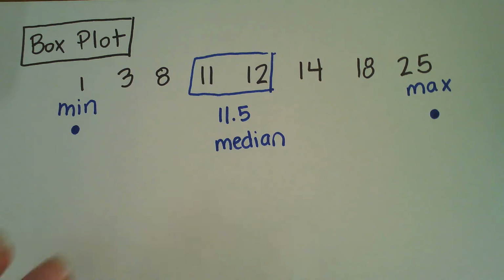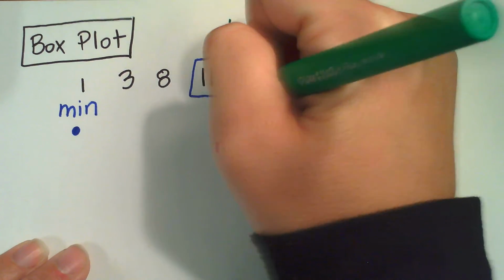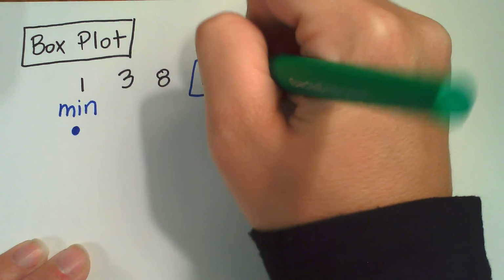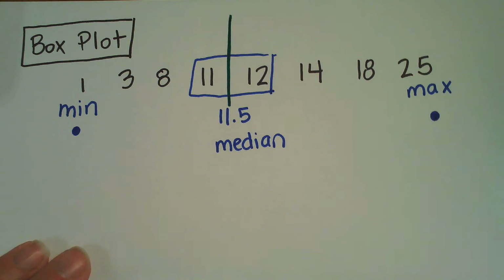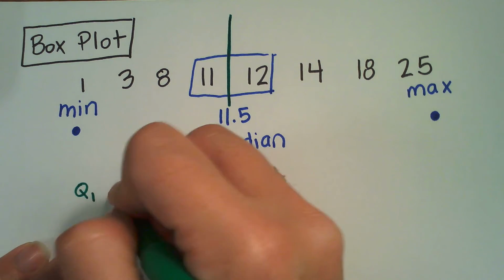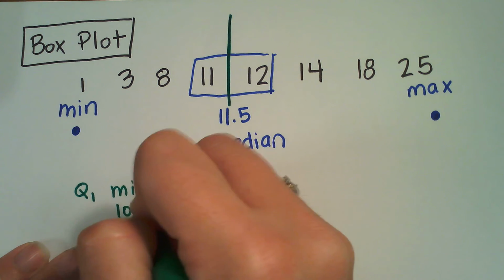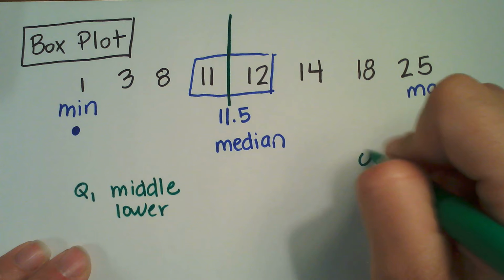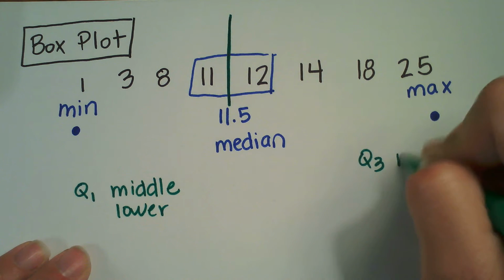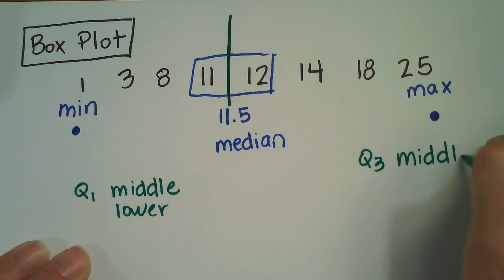And now I've got to find Q1 and Q3. So Q1 is the middle of the lower half, and Q3 is the middle of the upper half.